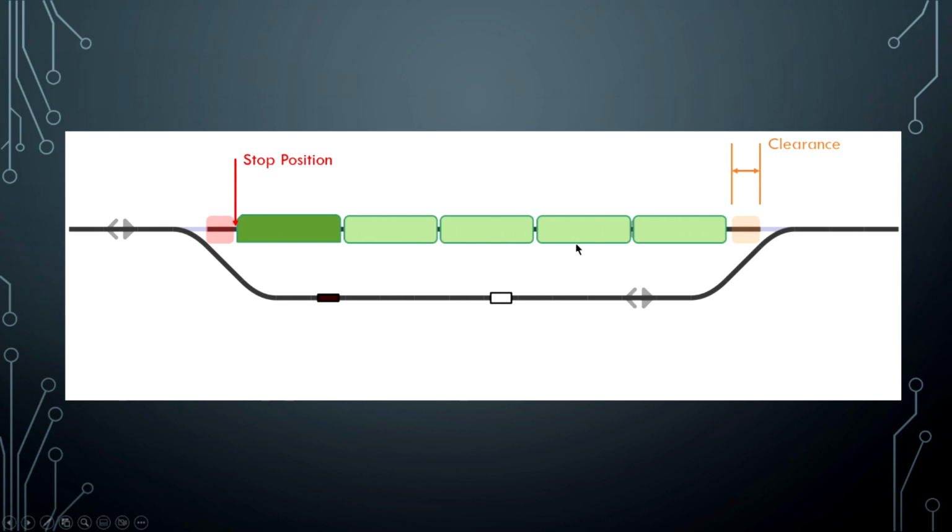And the clearance position, also defined in block properties in each direction, that determines how close the rear of the train can get to the turnout behind and still allow the turnout to be safely released and allow another train to pass without causing a collision.